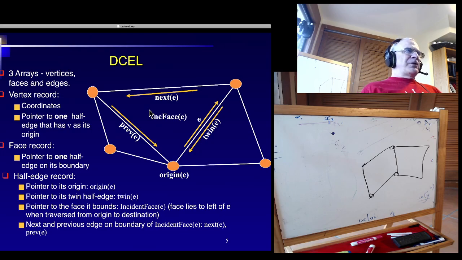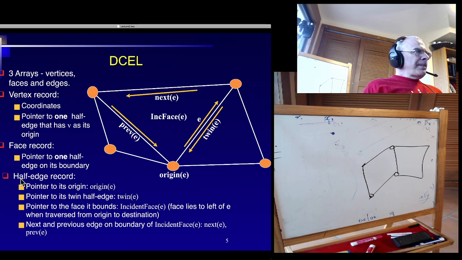That will be a bit confusing. In normal half-edges, things are a bit more natural. Here is an edge E oriented from this guy to this guy, and its twin half-edge is just on the other side, but oriented in the opposite direction.